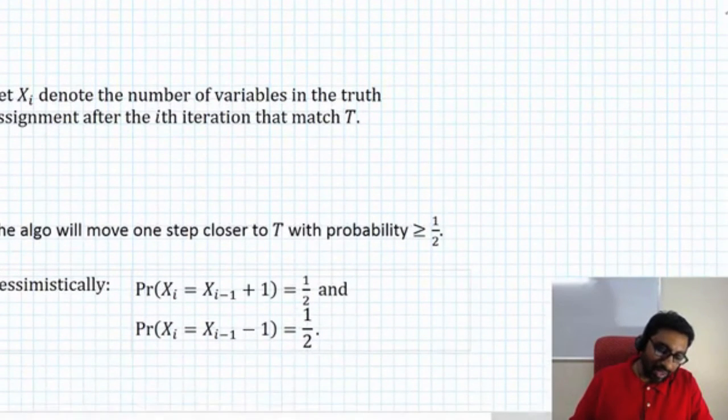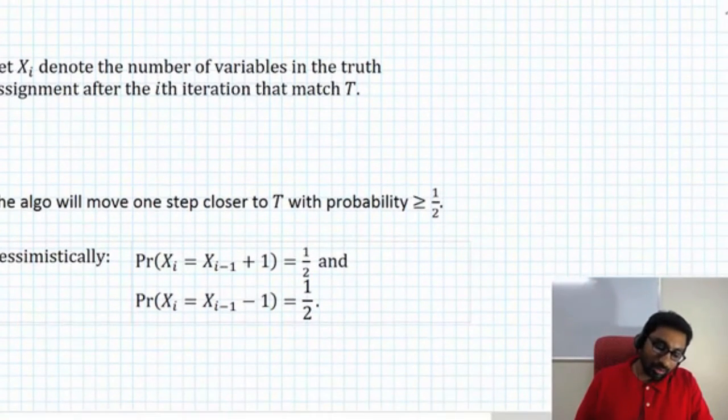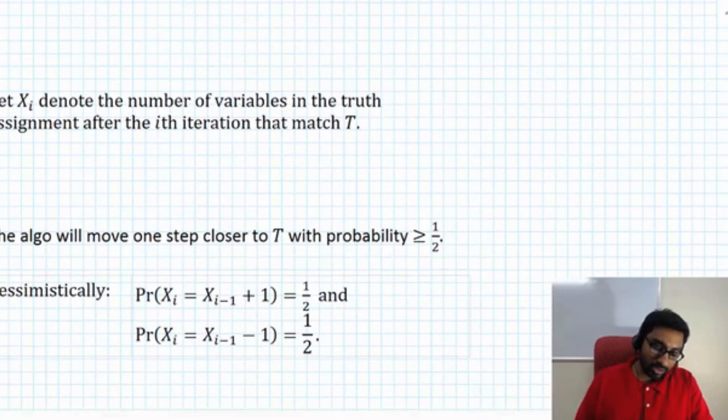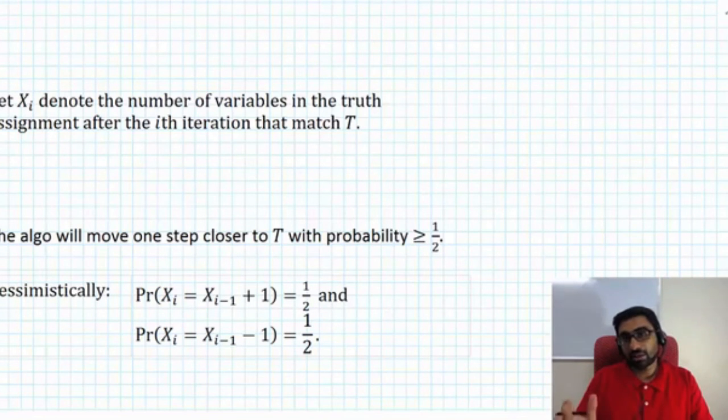Okay. So let xi denote the number of variables in the truth assignment after the ith iteration that match T. Basically, why do we need this xi? Because we want to be able to capture how close we are to matching T completely.